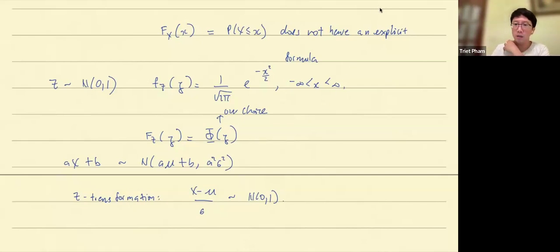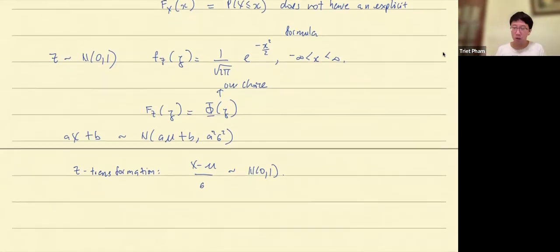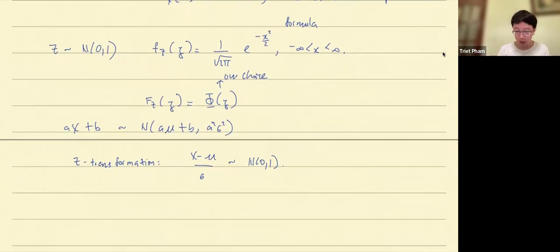A sequence of IID normals is usually referred to as white noise, but that's in the context of linear regression or Brownian motion and things like that. As far as we're concerned, let's just say for now that it's not really a model of anything. It's a model of white noise or error, but let's put that aside.